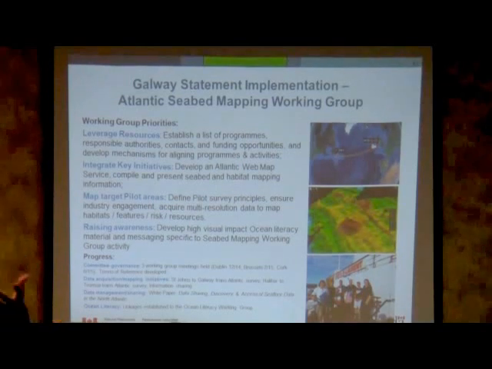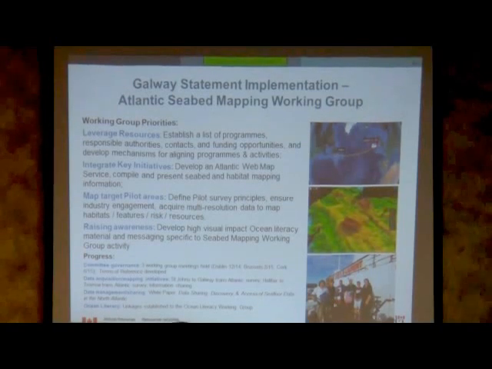But we're trying to bring mapping closer to shore again, closer to integrated ocean management again. Two years ago in Galway, the European Union, Canada, and the United States signed the Galway Agreement. It was signed at a very high ministerial level, agreeing that the three regions will collaborate in studying the North Atlantic.